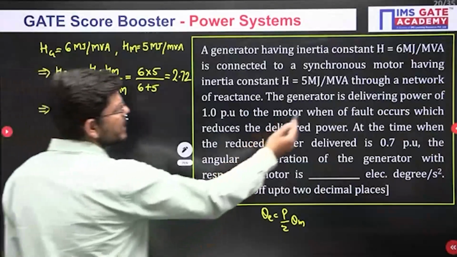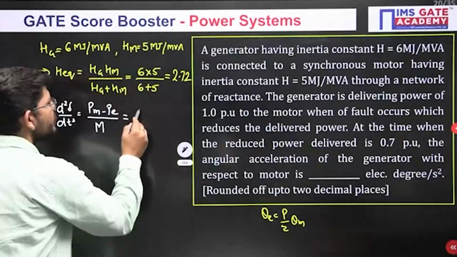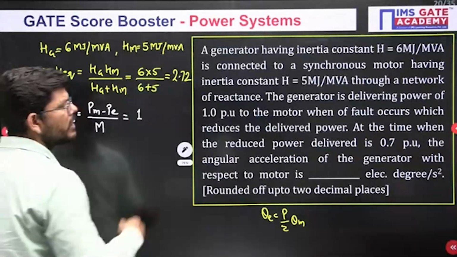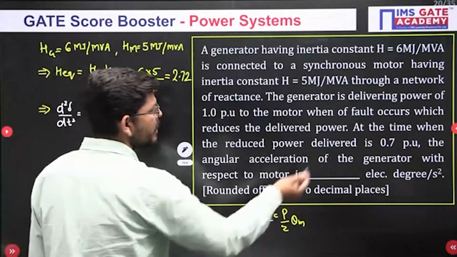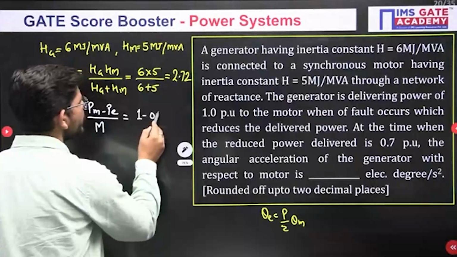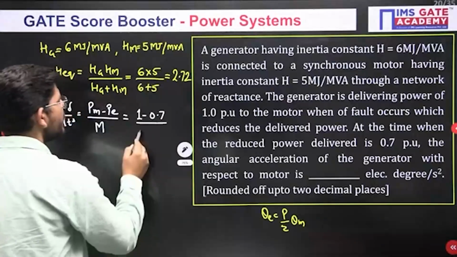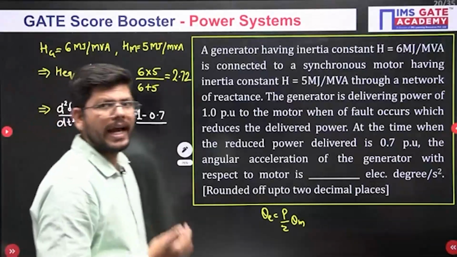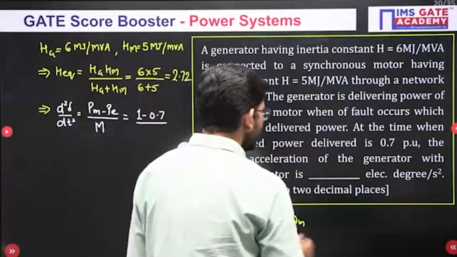Now, the generator is delivering power of 1 per unit, so this will be Pm. After the fault, the delivered electrical power is 0.7. So it is 1 minus 0.7 upon M. What is the formula of M? H into S upon pi F, isn't it?